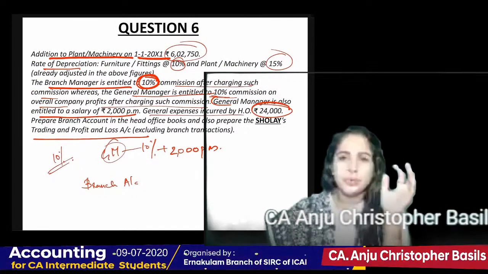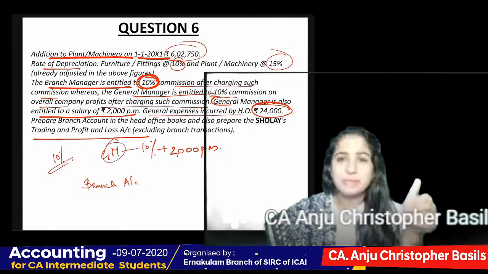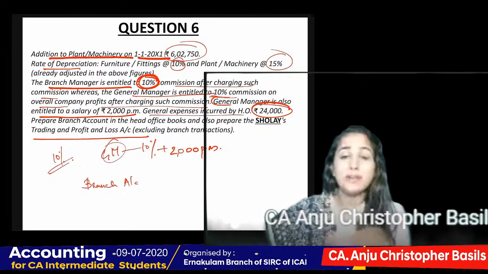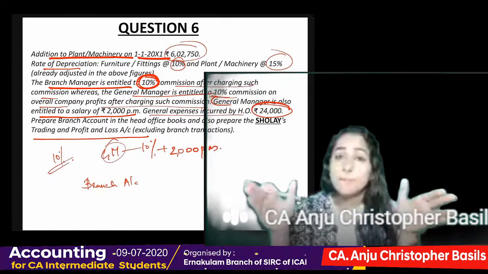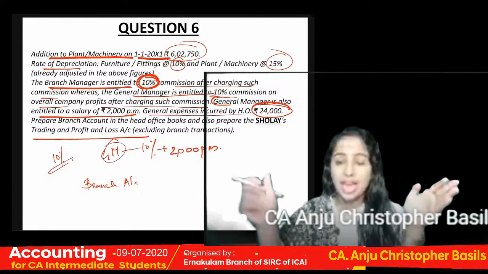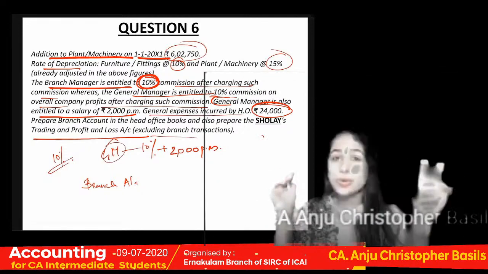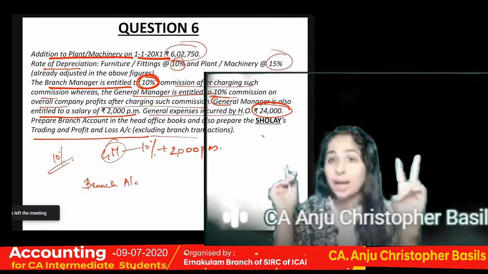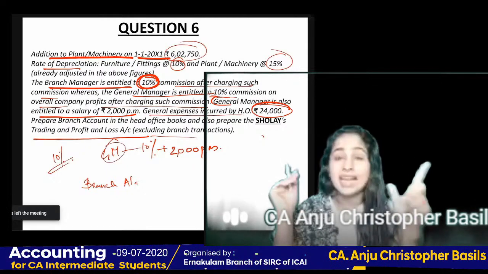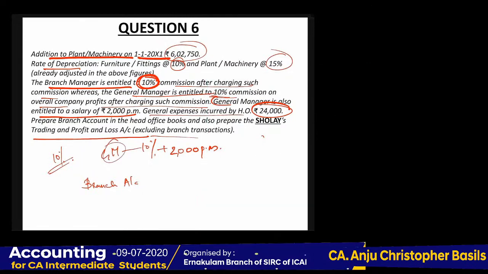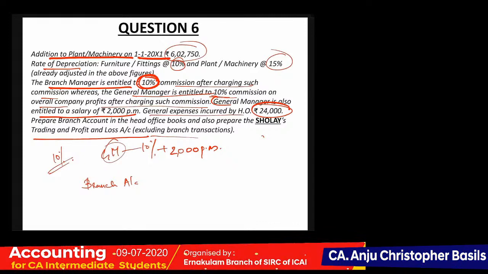The second one is that you will have to prepare the trading profit and loss account of the company, of Shirley, excluding branch transaction. Let's see what that means. So one is the branch account and the other one is the trading profit and loss account of the head office, the company. Okay, so these are the two requirements, students.